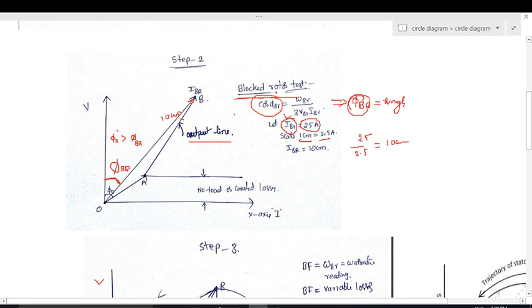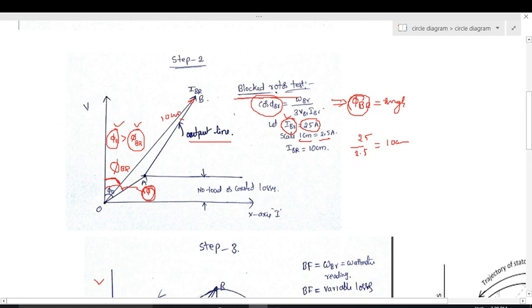Generally phi naught is greater than phi BR because this is the no load power factor. At no load, it draws more current, which is useful to produce the flux in the air gap, so that is reactive in nature. That's why phi naught is greater than phi BR.